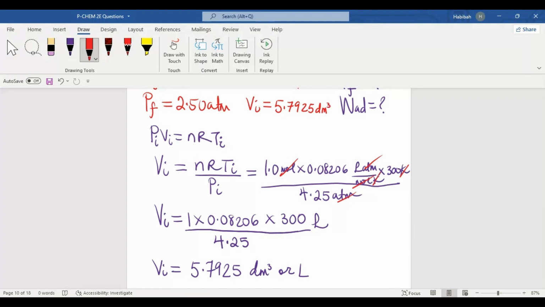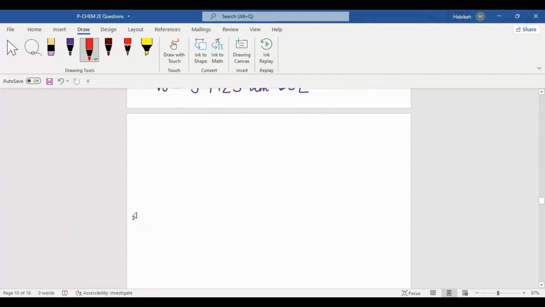That's the first thing you always have to do. The next thing is to solve for V final. In an adiabatic expansion process, there are going to be times where you'll be given just the pressure or the volume, and you're asked to use that information to solve for one of the parameters. So you have to note that this formula is especially important whenever you're solving adiabatic expansion processes.